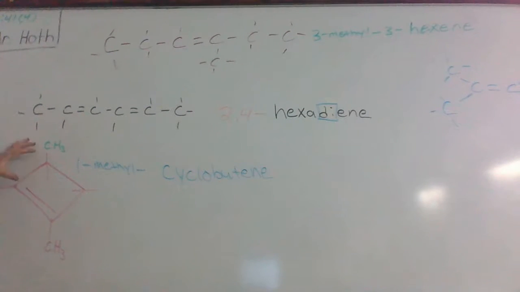Then on this, what we see down here on a ring structure, remember the double bond takes priority. And in this case, we also have an alkyl group, or a methyl derivative, down here. What that means is we need to state where that methyl group is. Ring structures are a little different than aliphatic compounds.